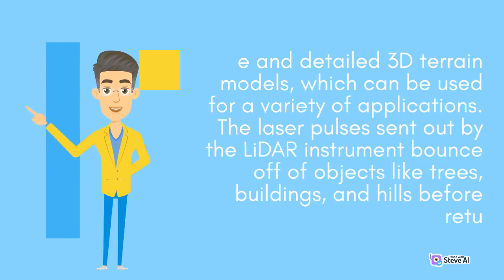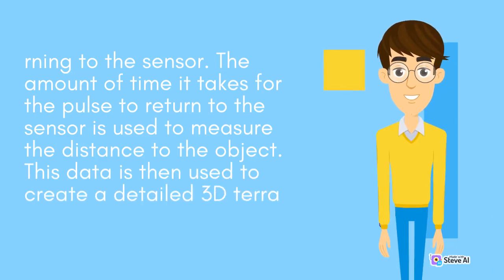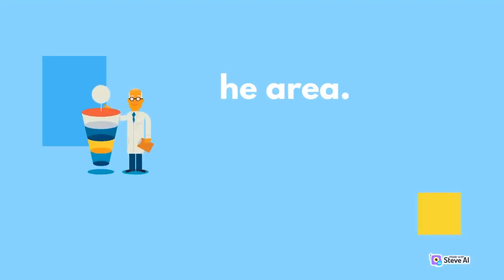The laser pulses sent out by the LiDAR instrument bounce off of objects like trees, buildings, and hills before returning to the sensor. The amount of time it takes for the pulse to return to the sensor is used to measure the distance to the object. This data is then used to create a detailed 3D terrain model of the key area.